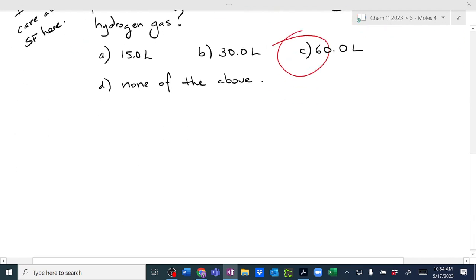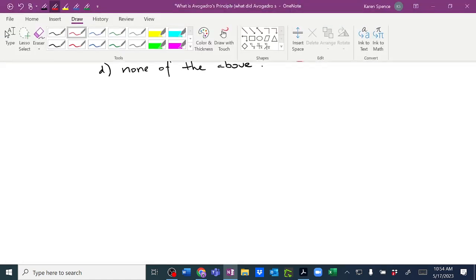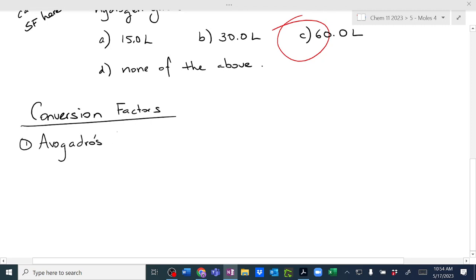All right, what have we come up with for conversion factors? Let's grab some from all of you. The first 4 should be easy. You've been using them forever now. What have we got? Avogadro's number. And what do we use Avogadro's number to convert between?